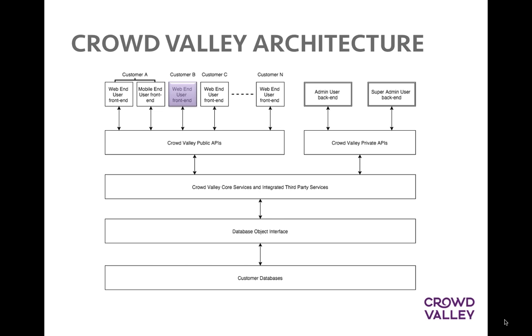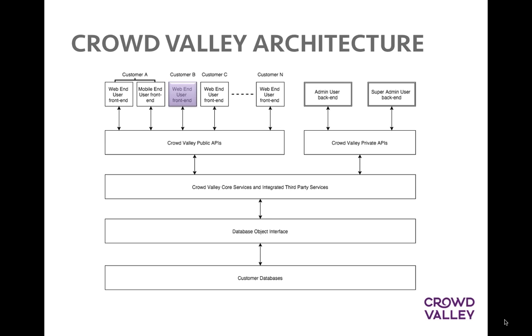You can see at the top left customer A, customer B, customer C, and so on. Each of them has one or more unique and completely independent and separate front-end platforms. All of our front-end platforms are driven by the Crowd Valley public APIs. The APIs themselves are REST-based APIs, very much web standard.